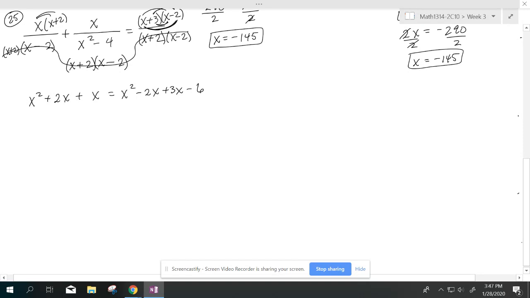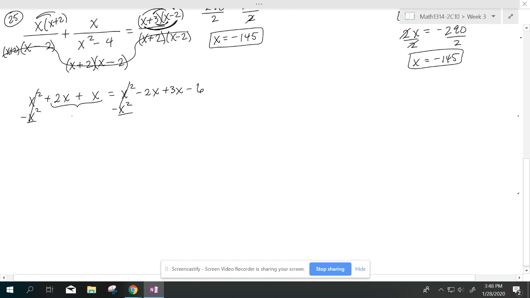And now we need to combine like terms. Did anybody notice there's an x squared on both sides? Yeah, so what happens if I do minus x squared on both sides? And then I lose my quadratic. Now I don't have a quadratic anymore. And I said I would combine those on this step.